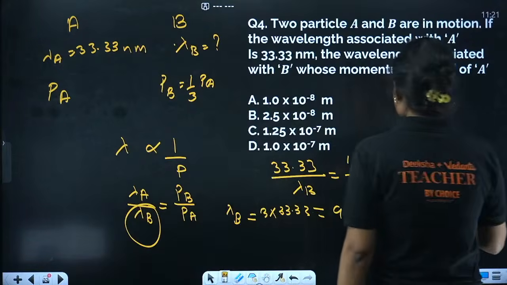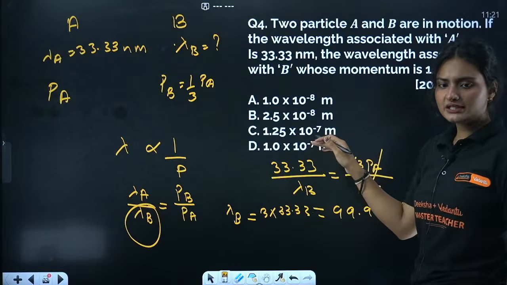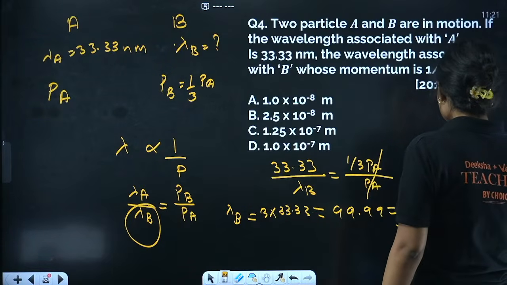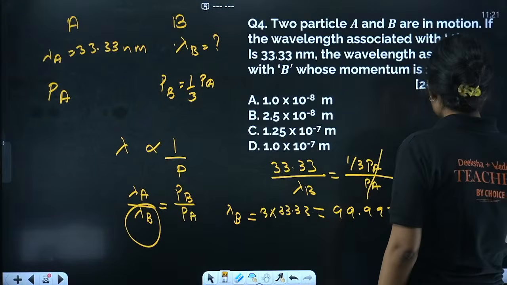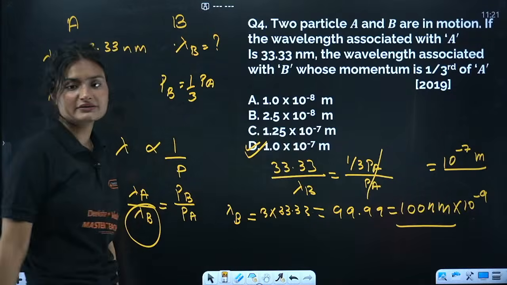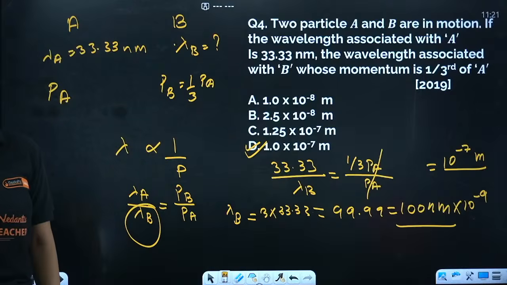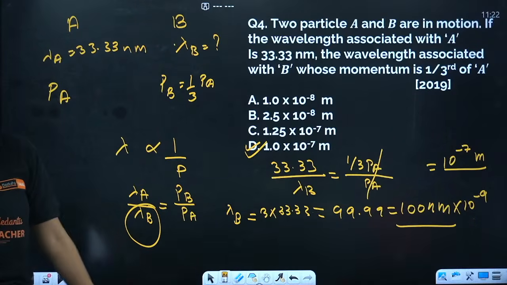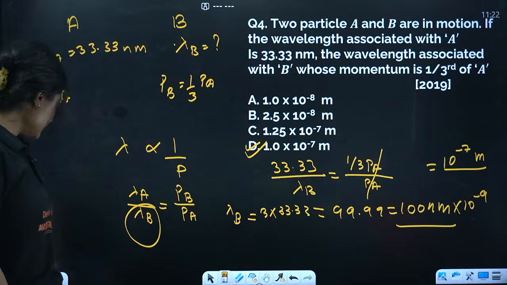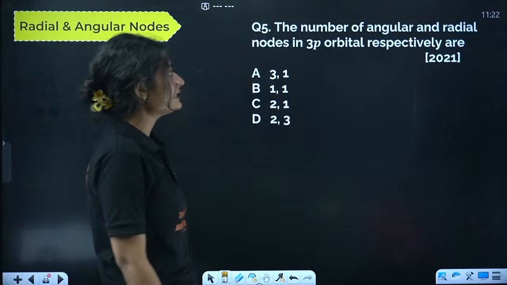Now we have to convert nanometer into meter, so we multiply by 10 raised to power minus 9. Your answer will be 1 times 10 raised to power minus 7 meter. So yes, option D. Yes, Akshat, correct. Shankar also D. Yes, correct. Option D.